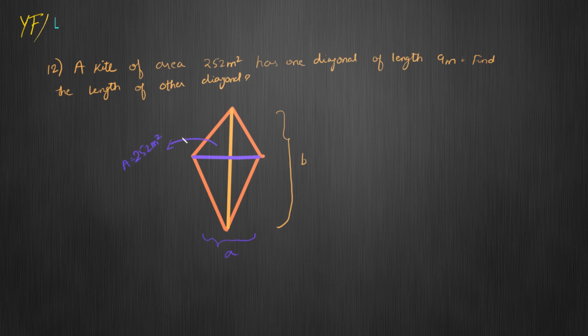This is the area of kite, and its one diagonal length is 9 meter. So let's suppose A is equal to 9 meters. So we have to calculate the length of diagonal B.